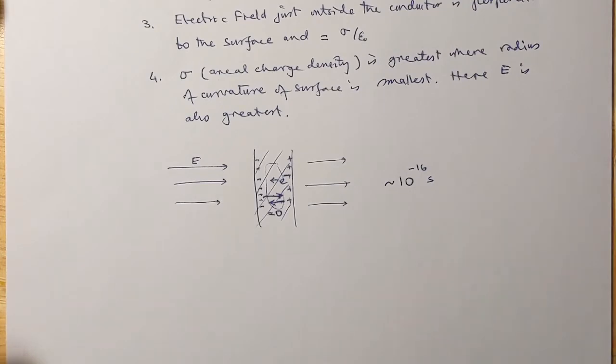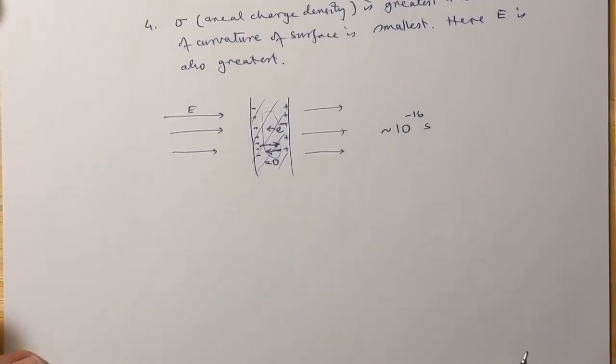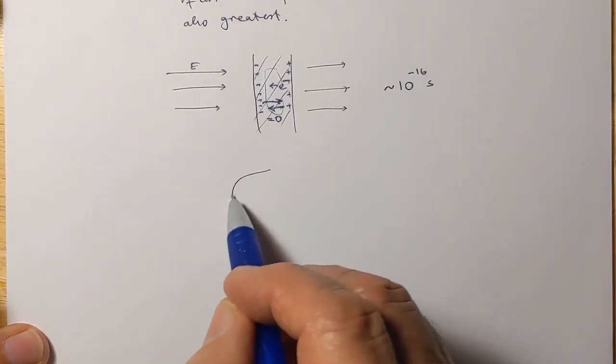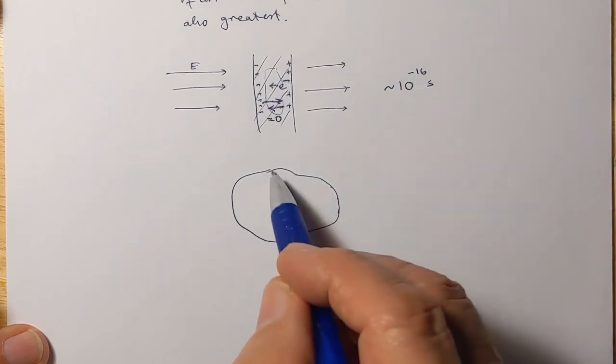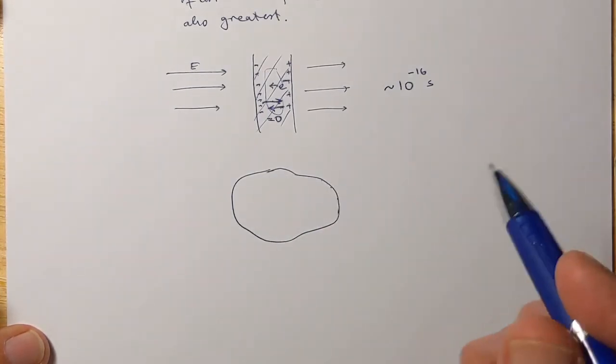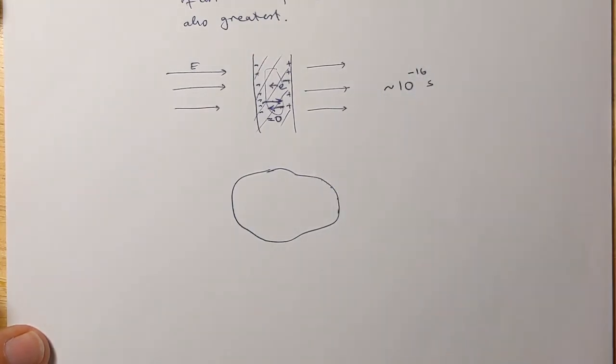Now the second is that charge resides on the surface. Let's suppose we have a conductor, and we give it some charge. We take a rubber rod, rub it on silk, and touch it to the conductor so that it gets an excess of electrons, or you can charge it any other way.